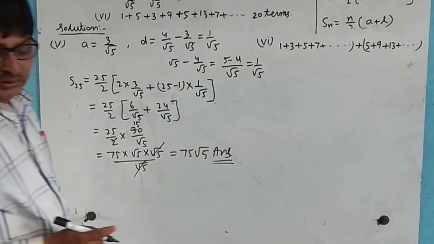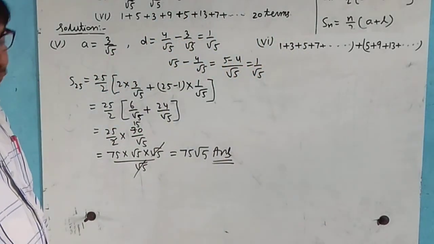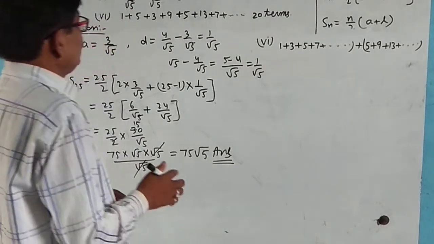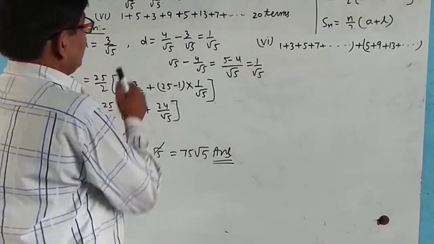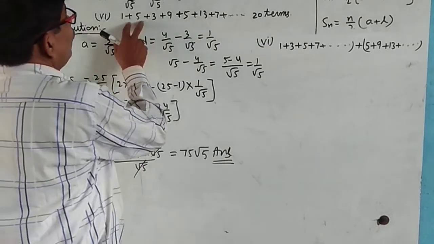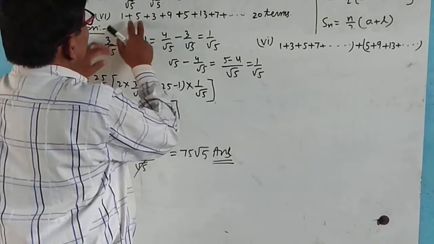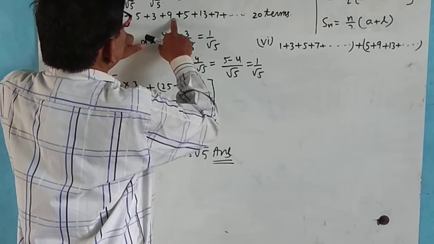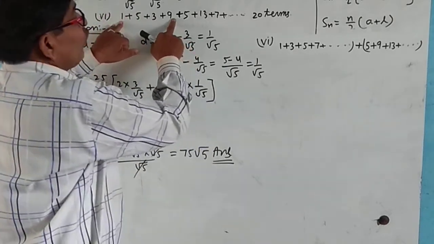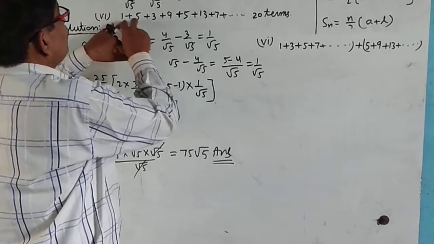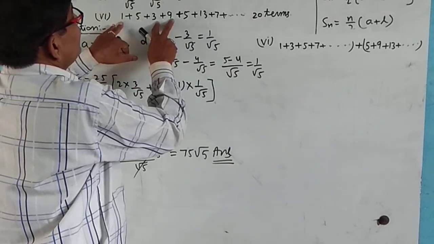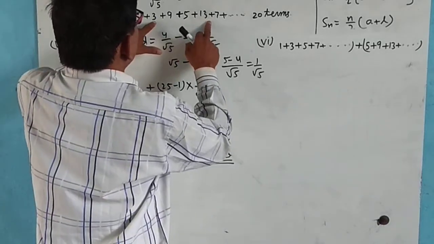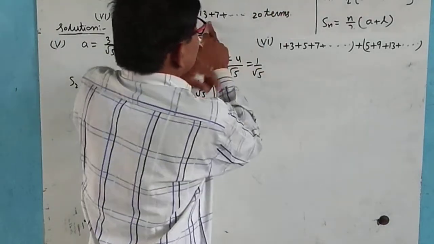Total terms is 20. If we take two terms, two terms of this and two terms of this. If we take six terms, three terms of this series and three terms of this series.